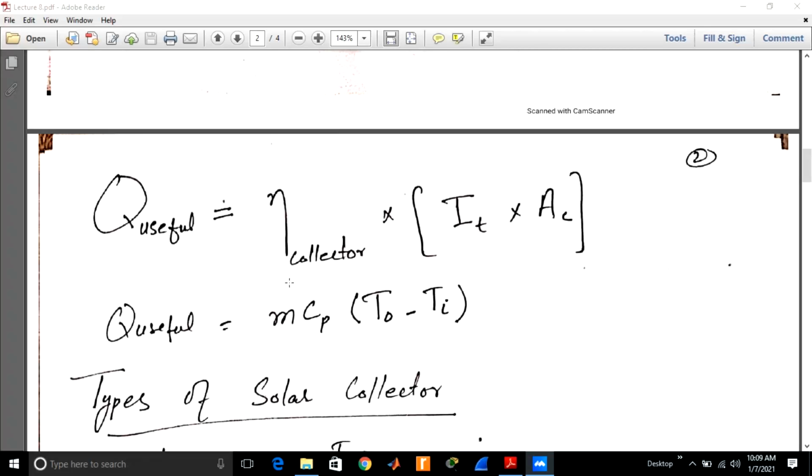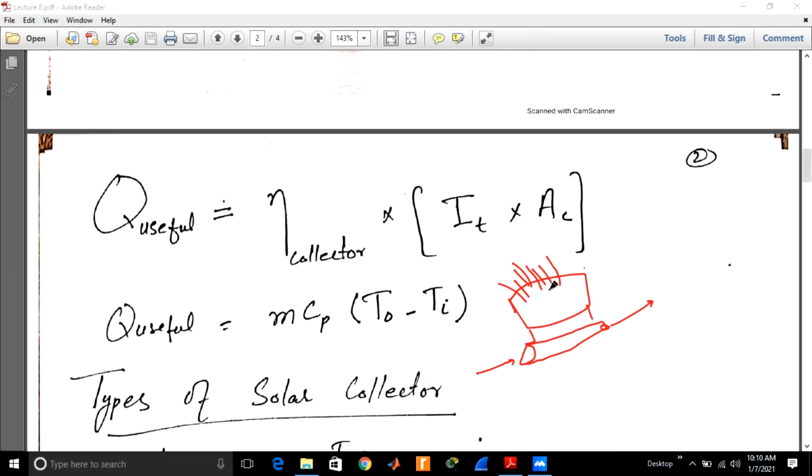The useful heat, for example: this is the solar collector, this is its binder, and this is its riser tube. So the fluid will flow. This is its inward flow, and this is its outward flow. When the radiation comes from here, it is the total radiation, meaning some of it is diffuse and some is beam radiation.